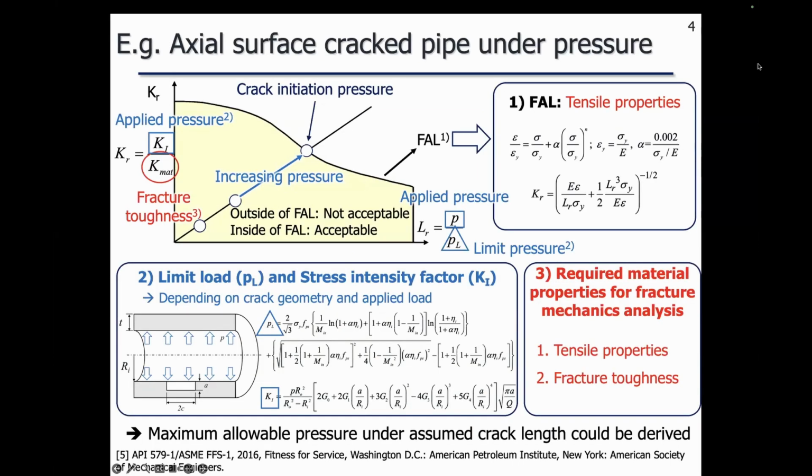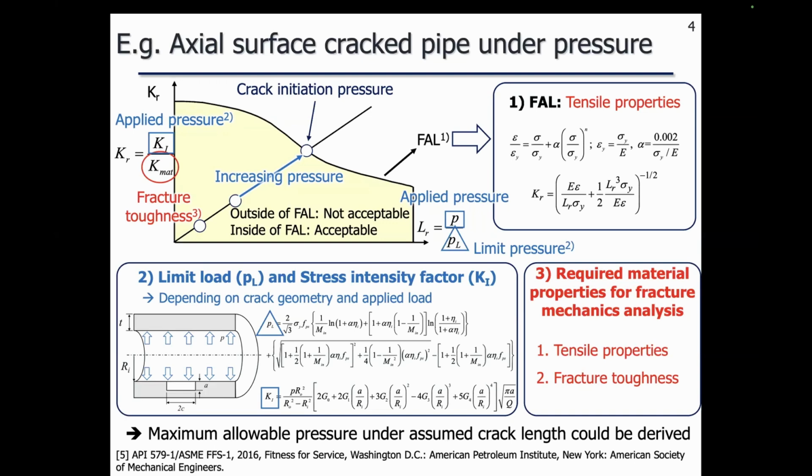I will explain the FAD method with the case of an actual surface cracked pipe under internal pressure. First, the failure assessment line, which is the criteria line for the fracture, is derived by using the tensile properties. Then the coordinate of the assessment point is calculated.